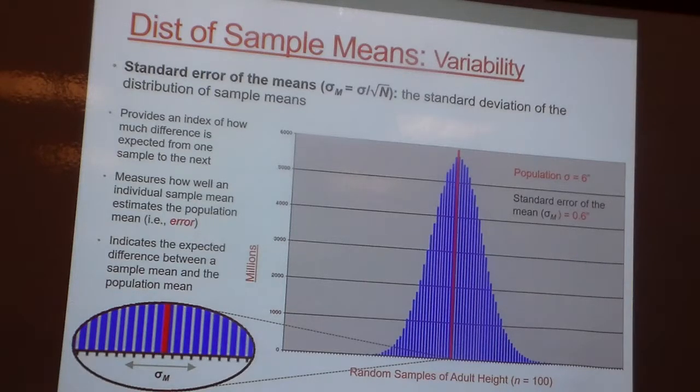So what does this tell me about repeated samples of height drawn from the population of adults? That it's 6 inches. Above what the one sample is from the other. Okay, close. Can someone help her out?